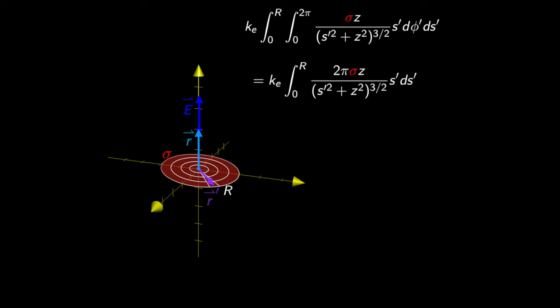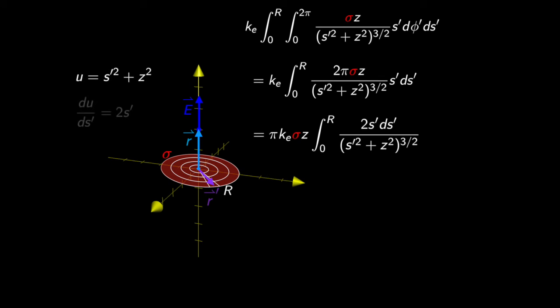Since the integrand is not a function of phi prime, that integral turns into a 2 pi. After pulling out some constants, we'll need to do a u substitution to get that denominator under control. Since u equals s prime squared plus z squared, the integral from 0 to big R becomes an integral from z squared to big R squared plus z squared.